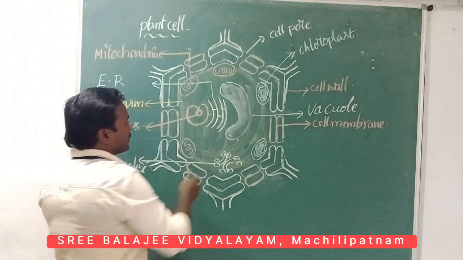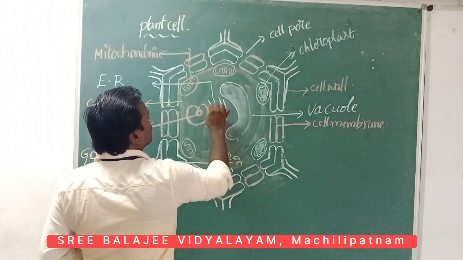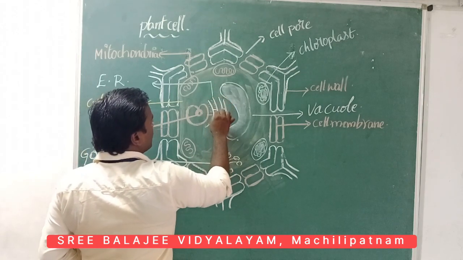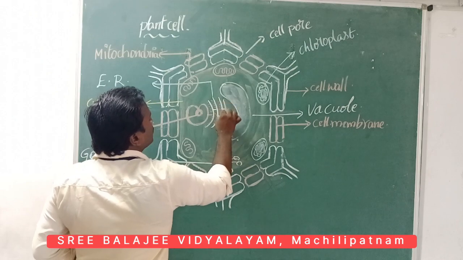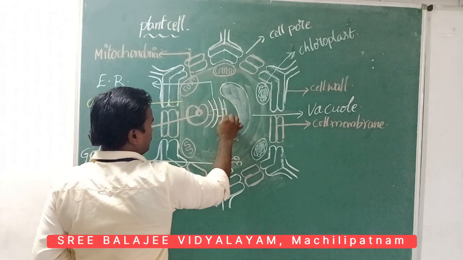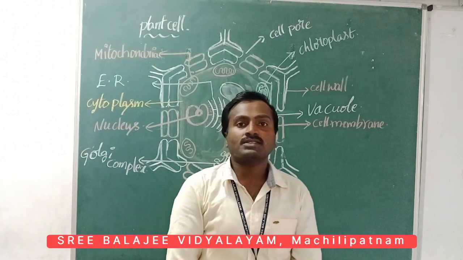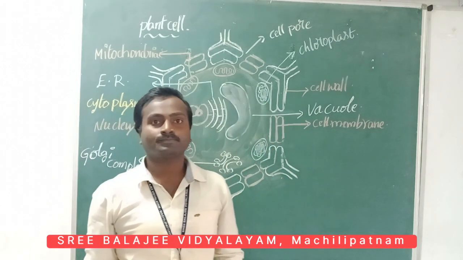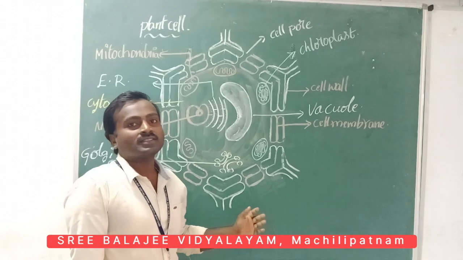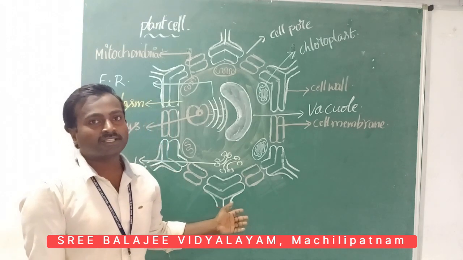This endoplasmic reticulum contains some ribosomes over itself, then it is called rough ER. This rough ER is useful for protein manufacture. So this is the structure of the plant cell. Okay children, thank you.